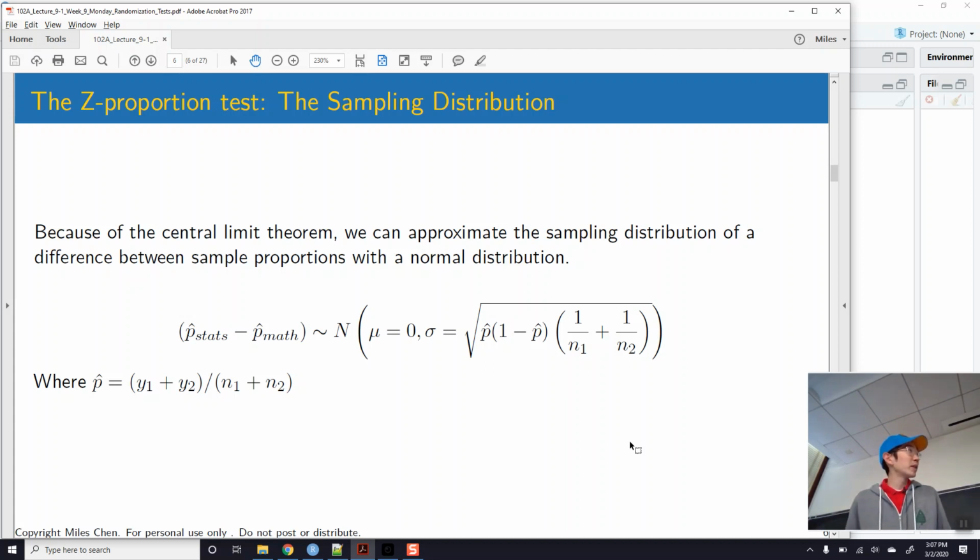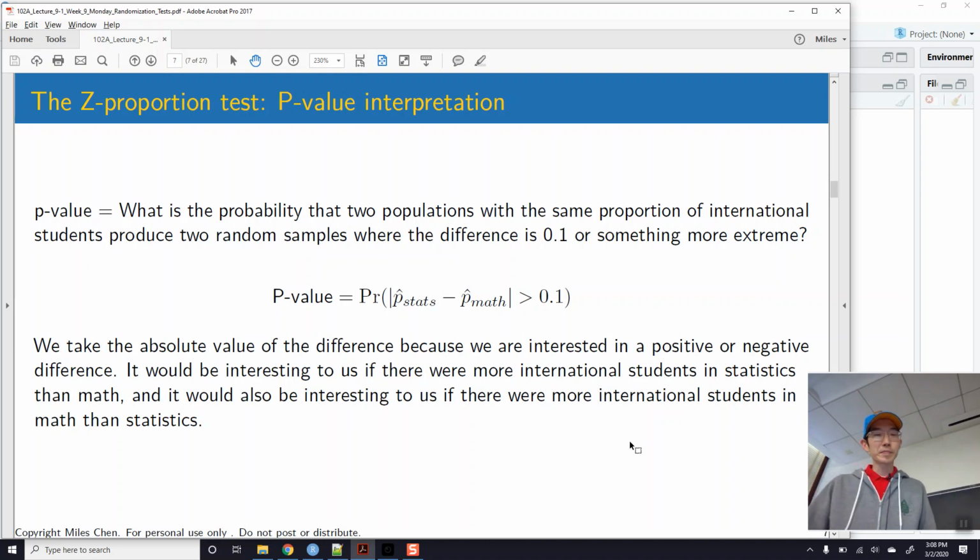The distribution of p hat stats minus p hat math is centered at 0 if the null hypothesis were true. The standard error would be the square root of p hat times 1 minus p hat times 1 over n1 plus 1 over n2, where p hat is the combined proportion, y1 plus y2 divided by n1 plus n2. Is this kind of familiar? Maybe it's been a little while.